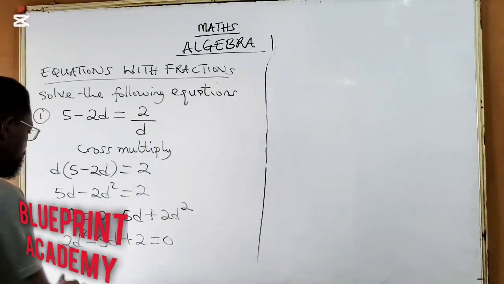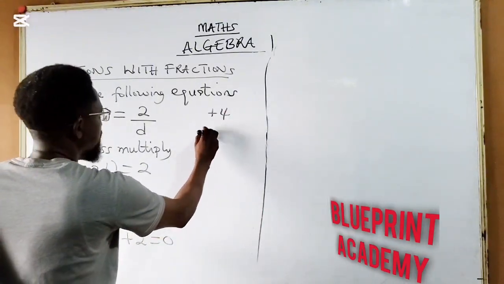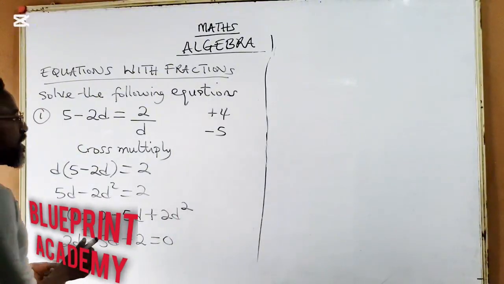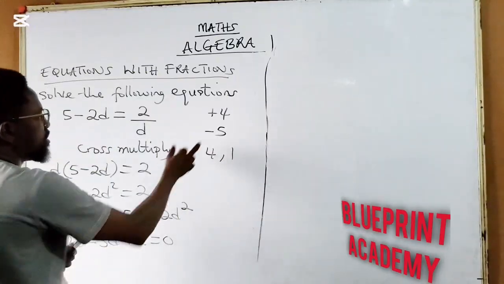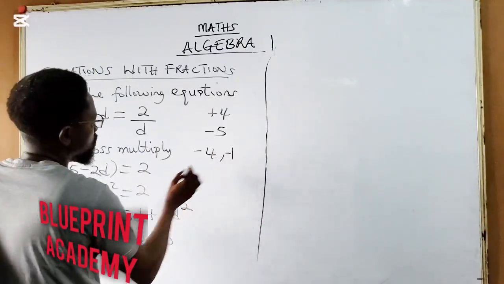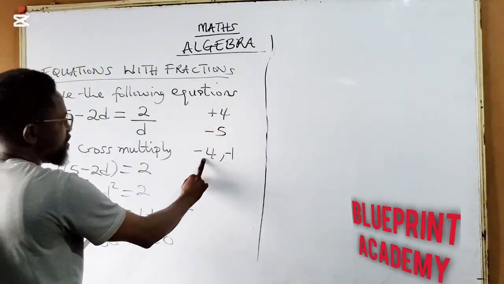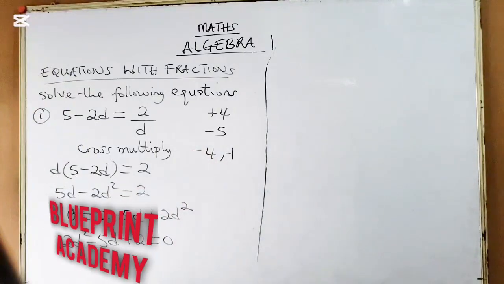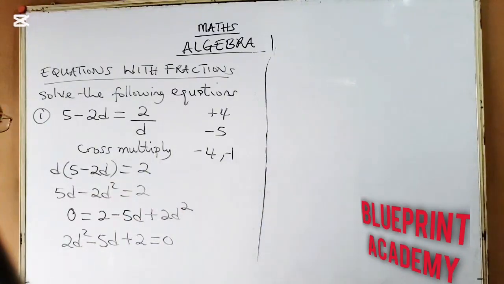We have 4 and 1. 4 times 1 is 4. So to get minus 5, it means it has to be minus 4 and minus 1. Minus 4 times minus 1 is plus 4. Minus 4 plus minus 1 will give us minus 5.